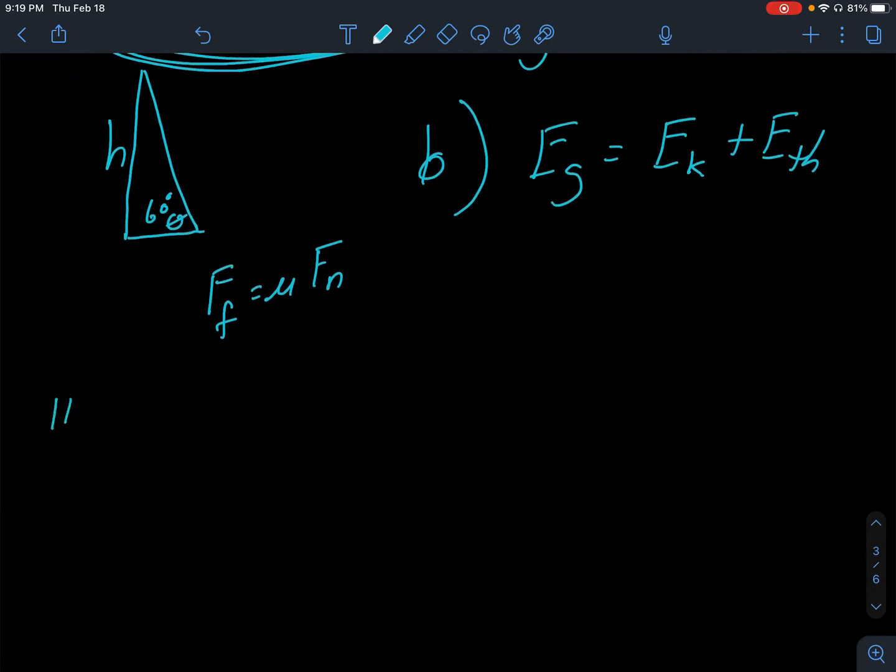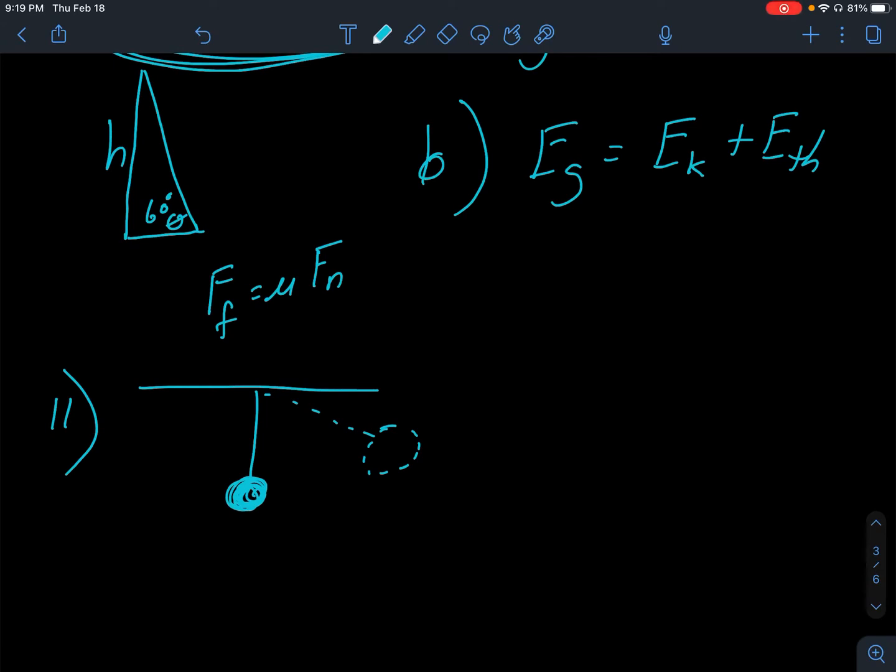Let's see, we're on 11. 11 is talking about a pendulum. All a pendulum is, is a string or a cable attached to a mast that's hanging, and you pull it up and you let it go. It's basically a swing.